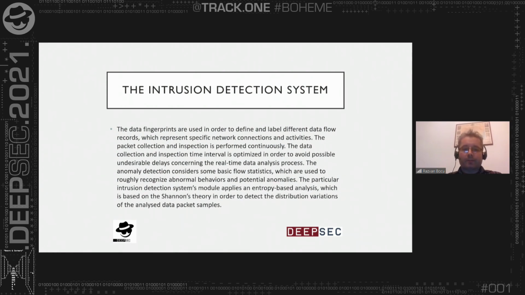And the anomaly detection considers some basic flow statistics that are useful in order to detect abnormal behaviors and potential anomalies. Just as a side note, these also have the role to ensure that the false positives rate is kept at the minimum possible level.